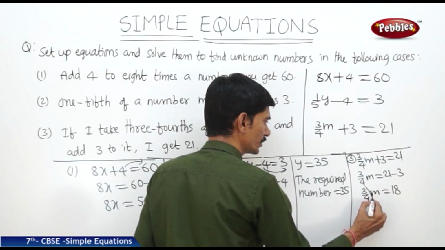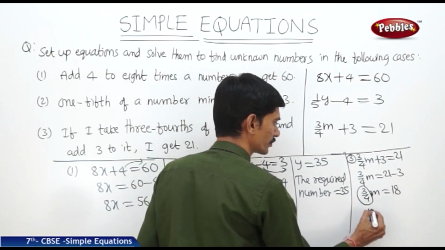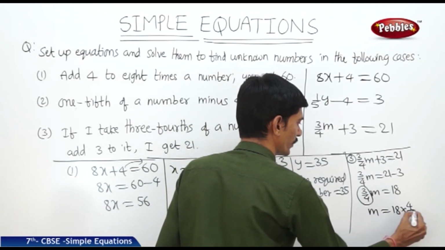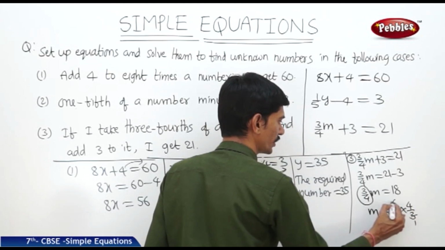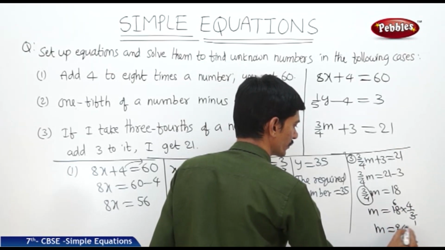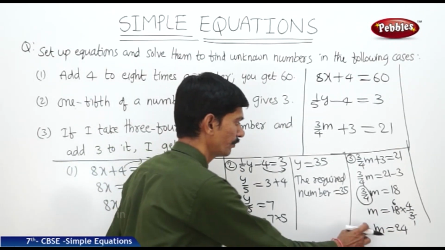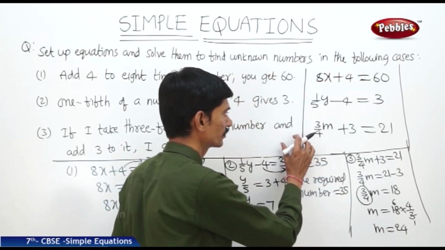Now by transposing into 3 by 4 to the RHS, we get into 4 by 3. So m equals 18 into 4 by 3. Here we can cancel 3 and 18: 3 ones are 3 and 3 sixes are 18. Then m equals 6 fours are 24. So m equals 24 is the required number in the given question.